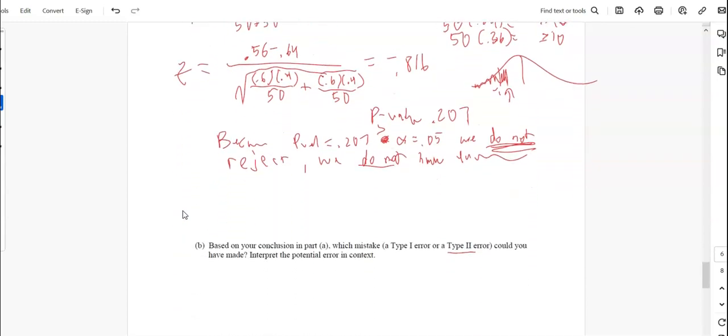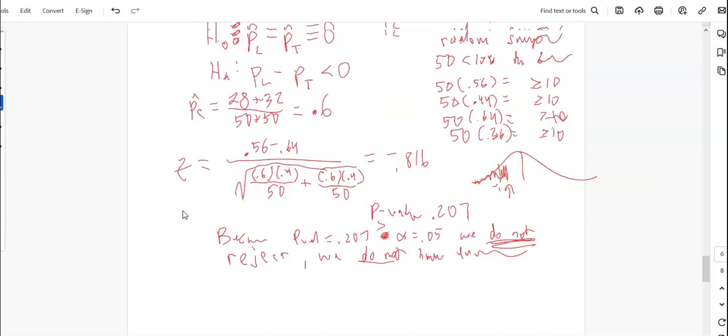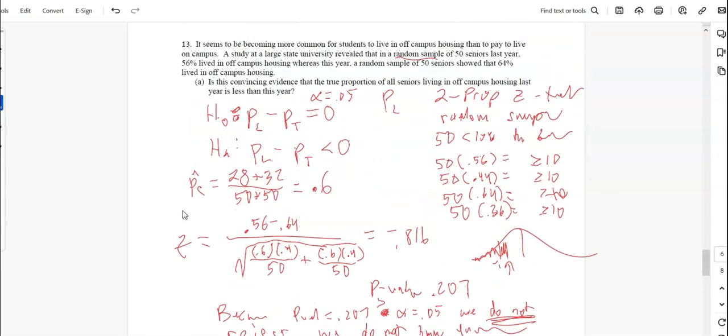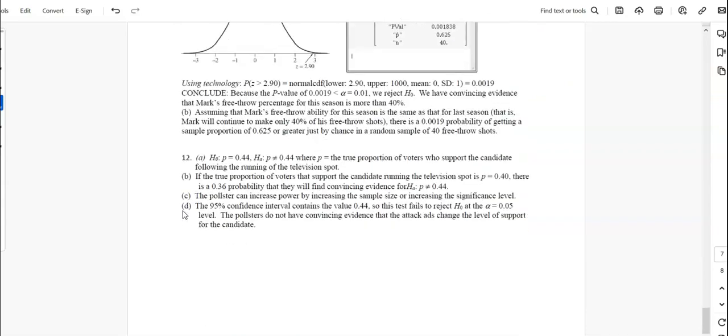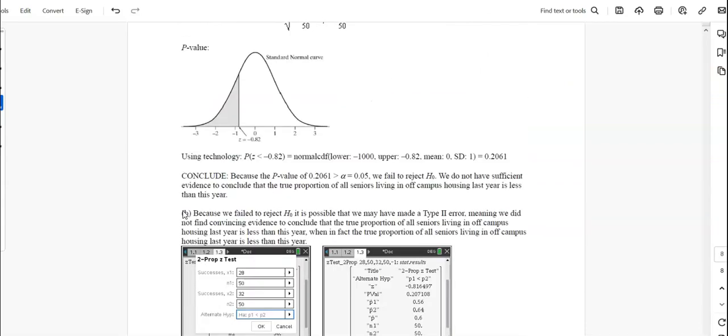In this case, we didn't think there was any difference, so we didn't think there was any need to build any more buildings, but maybe we should have built another dorm to accommodate these folks, because it seems to be growing. Something like that. This is what they said for that one.